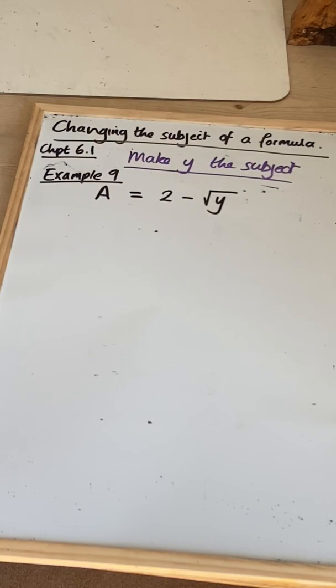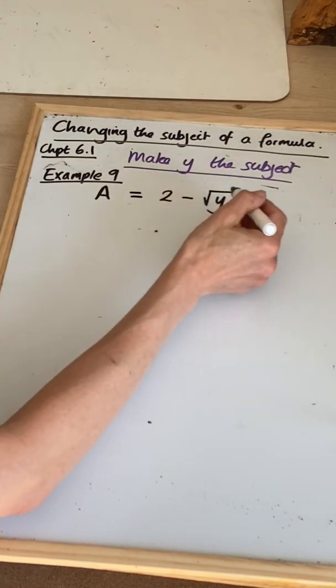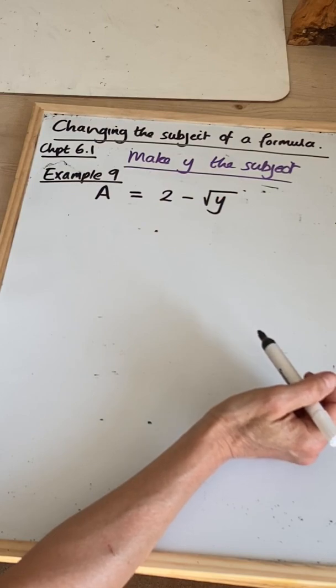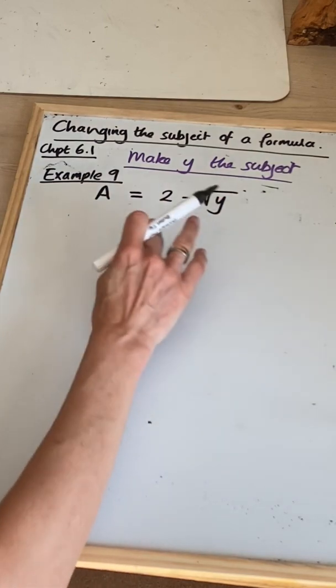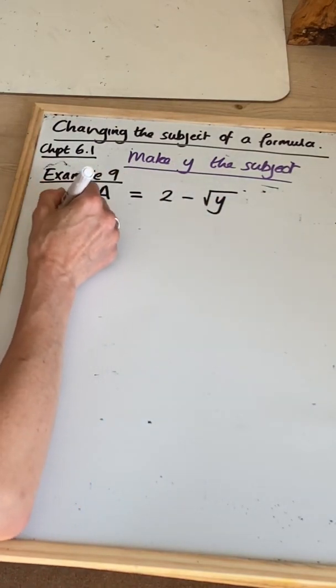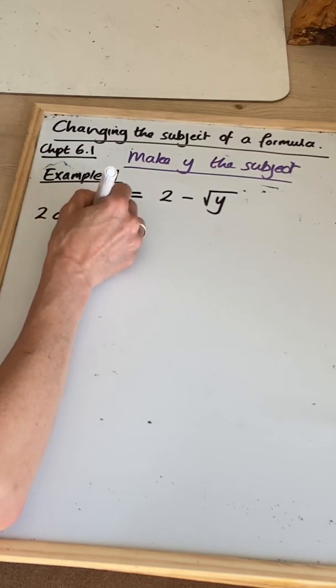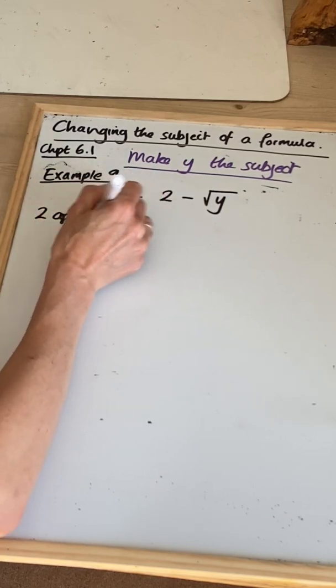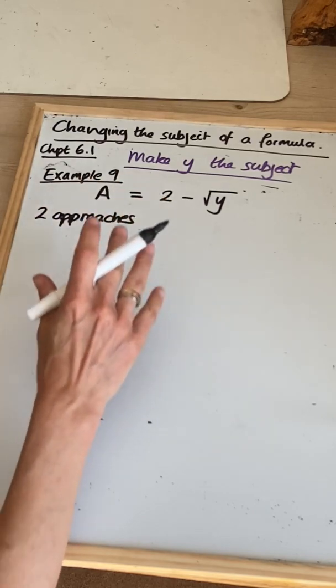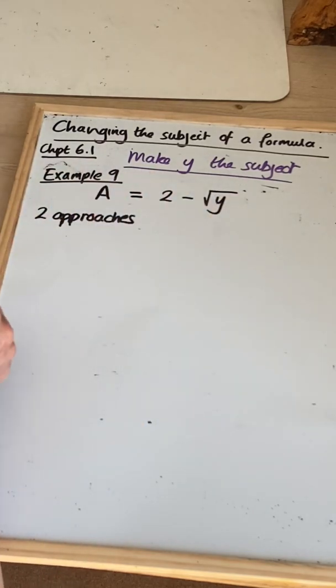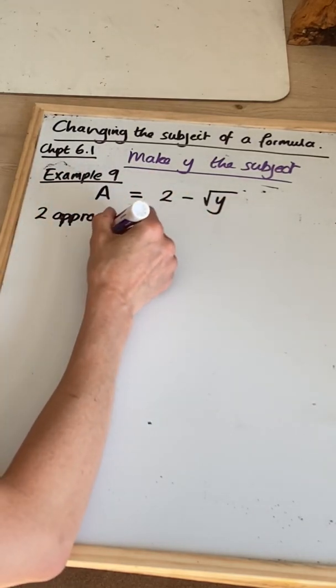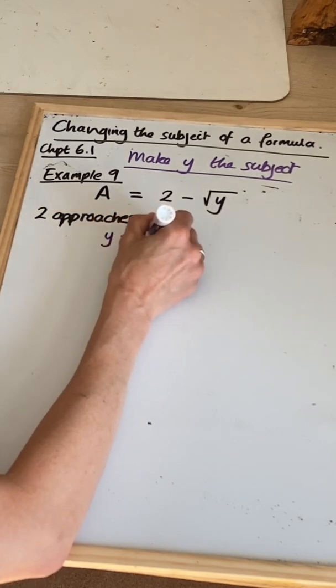Now, we want to make y the subject and y is there. So there are two possible approaches. What you could say here is that the y has gone through this process. So it's gone through the square rooting process.